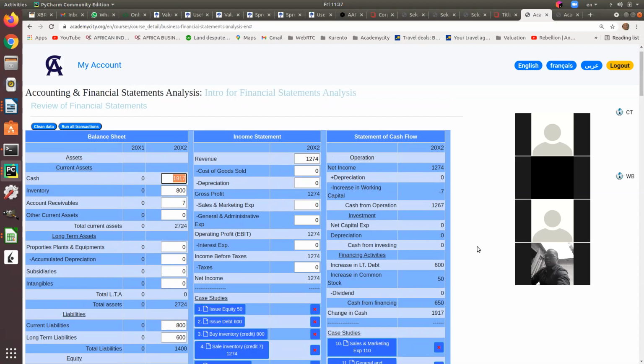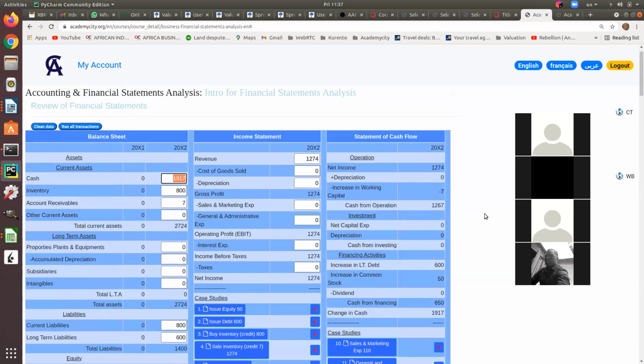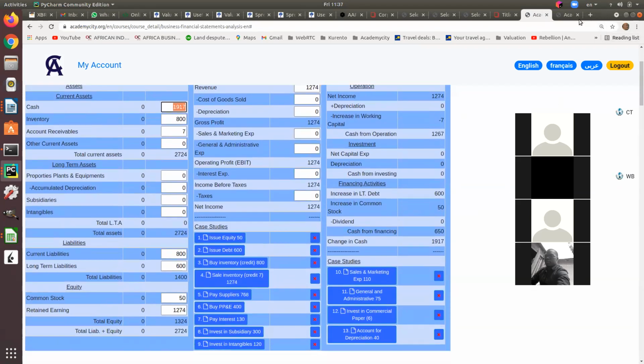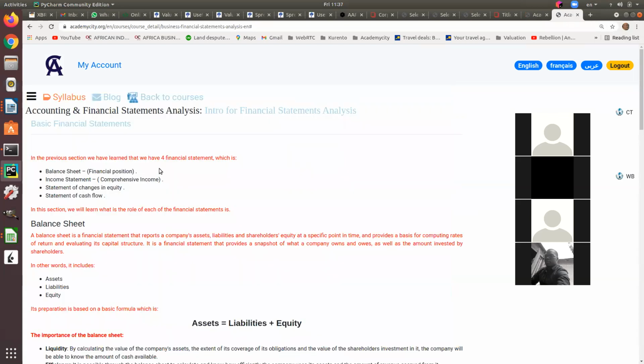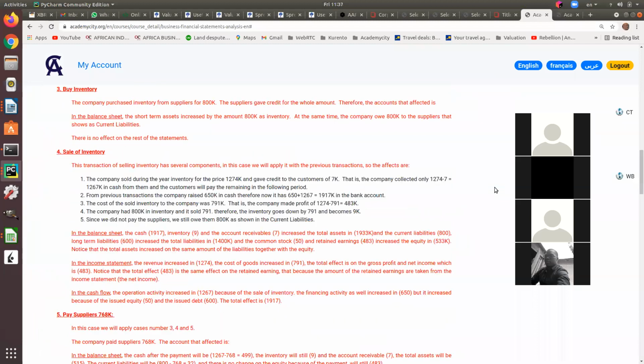If we read the story of number 4, by the way, here is the calculation that you will have. We have to have 1917. And there is another very interesting number, 791.